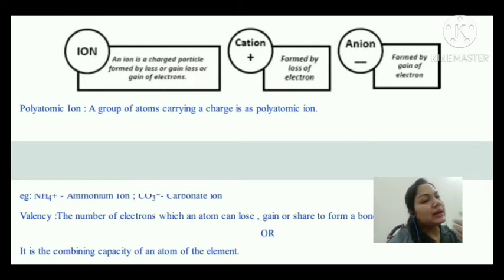Same, anions are negatively charged because they are formed by the gain of electrons. As I already told you, when they don't have 8 electrons in their outermost shell, like they have 6 electrons, they are willing to take 2 electrons from somewhere else.